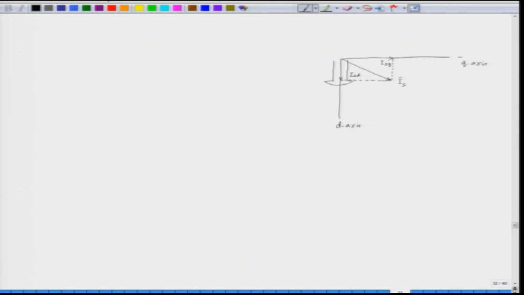Now, the field current is along the d axis, that we have already seen. Because of the field current I f we have an induced EMF E, which is the normal induced EMF that we saw even for a cylindrical rotor.